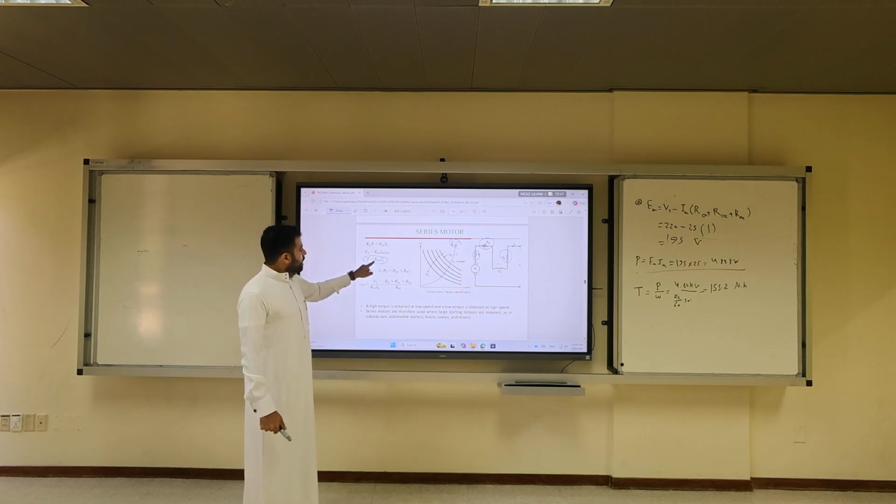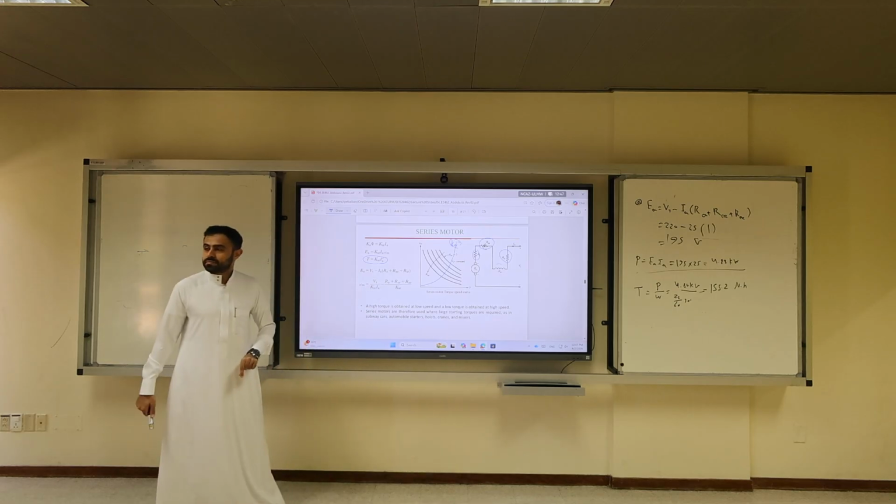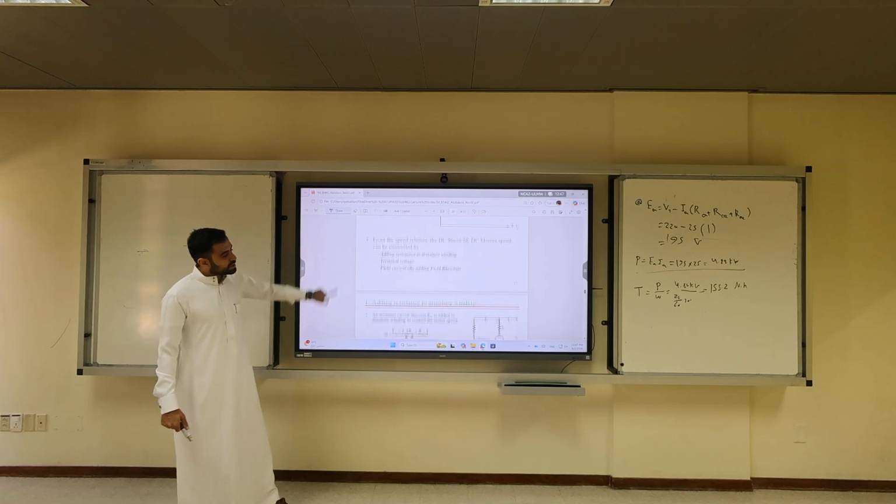So we need to calculate KSR. We have the torque, we have IA squared, we need KSR, because we can use it for the omega equation. We know VT, we know IA, we just change the resistance. Let's see how he did it in example 4.